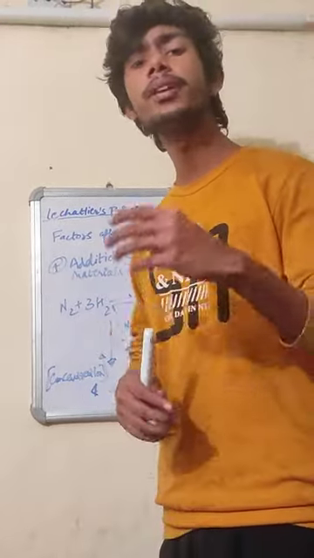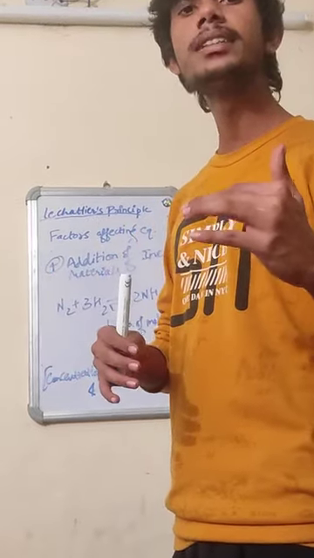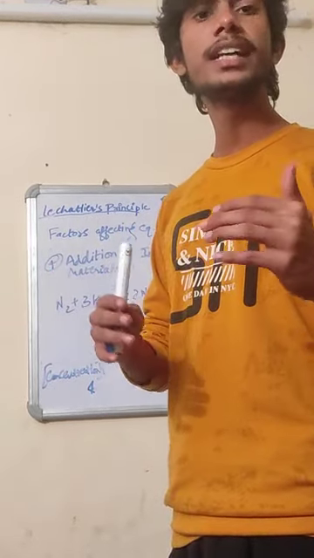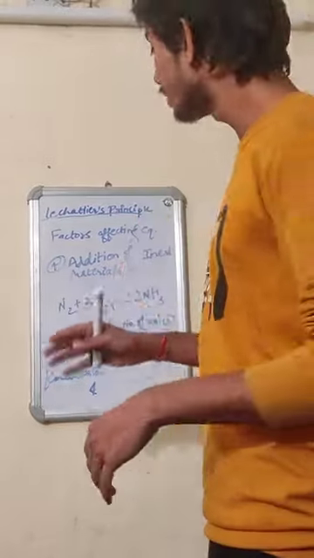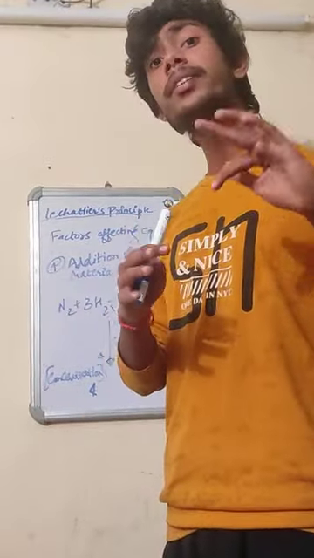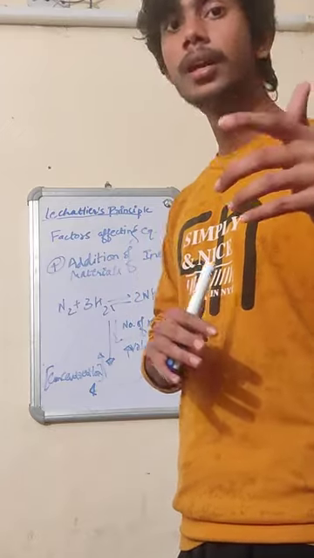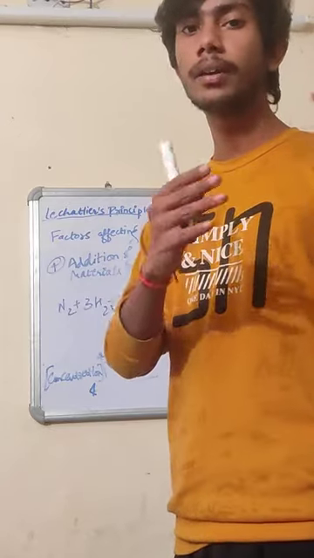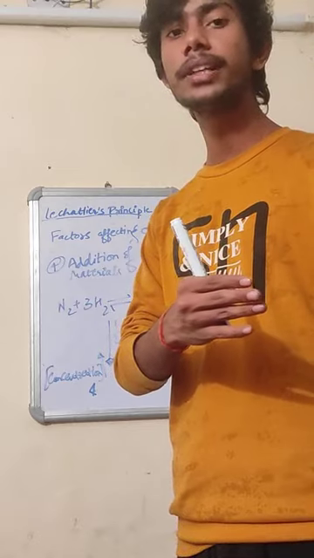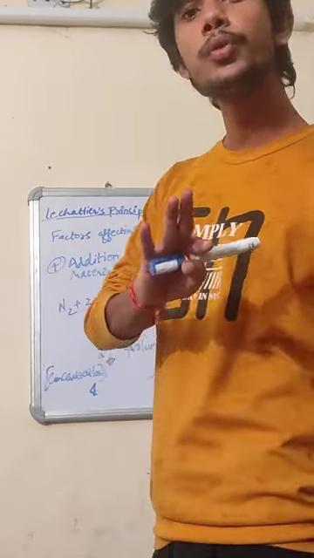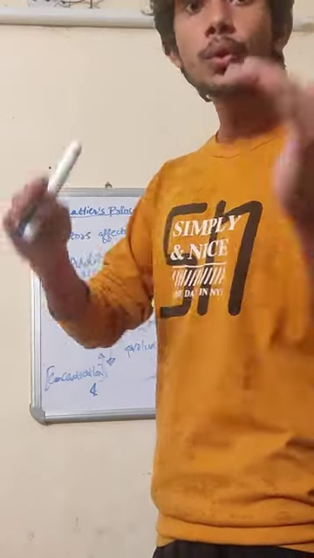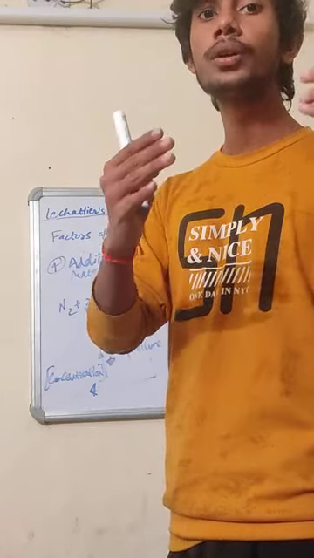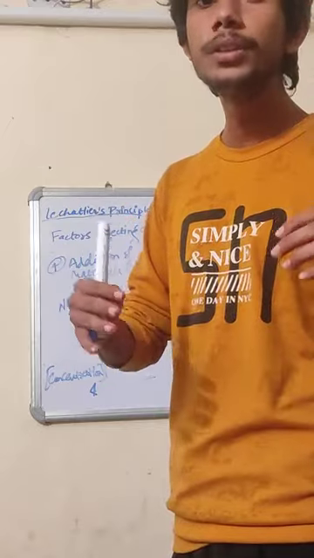So whenever there is an increase in concentration of one molecule, the reaction will move in the opposite direction. As we have seen, whenever we were increasing the concentration of reactants, the reaction was moving in the forward direction. So to reduce the concentration, the equilibrium will try to undo the changes.